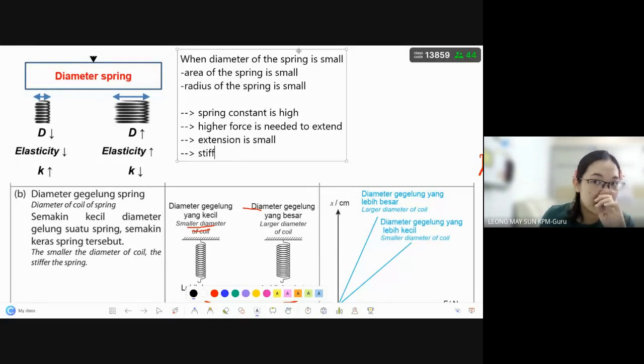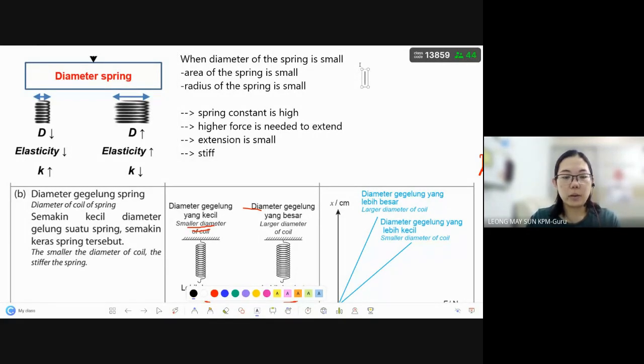Okay, so same thing if we were to talk about when the diameter of the spring is big. Diameter of the spring is big means lower spring constant.